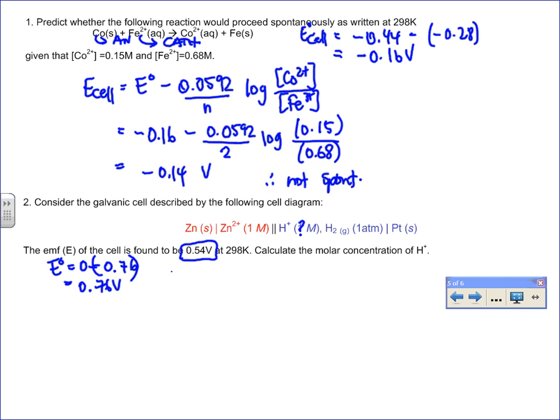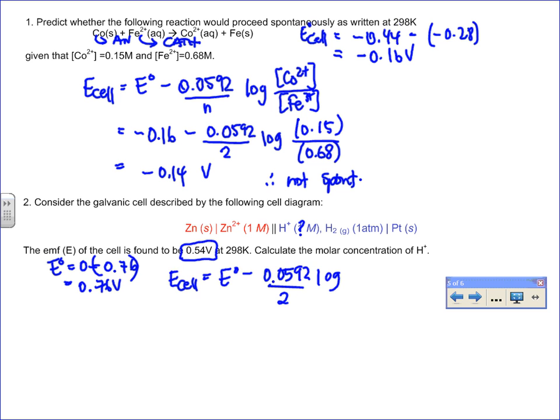So what we want to do here is use the Nernst equation to solve for the concentration of H plus. So E cell is equal to E naught minus 0.0592. The number of electrons that are transferred is 2 again. They're not always 2, just be mindful of that.